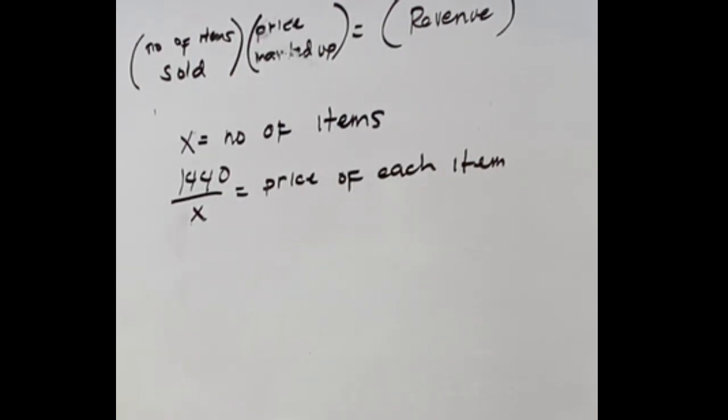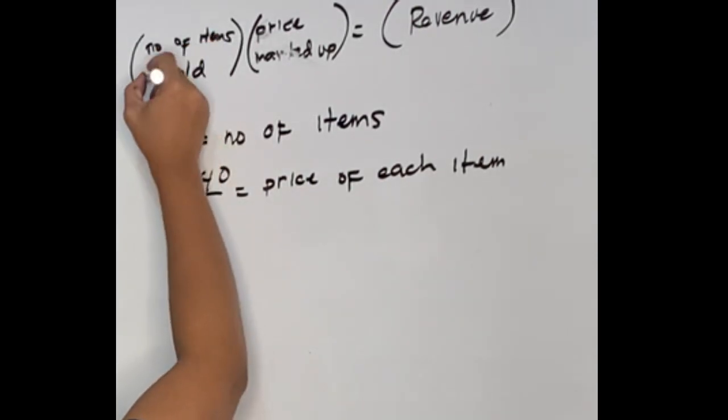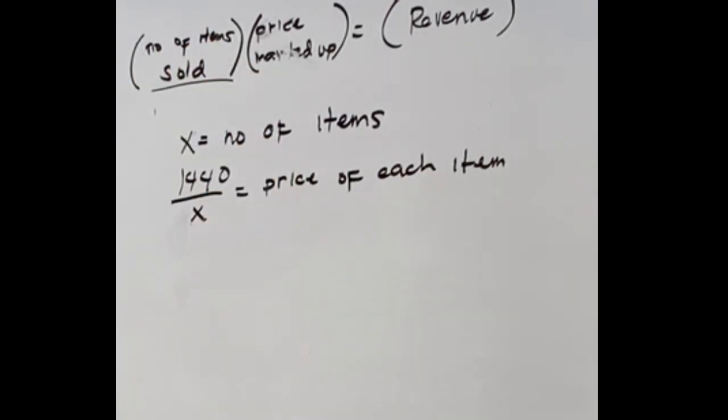Similarly, we will be using the formula, but the number of sold items will represent the number of items purchased when the item increased in price.